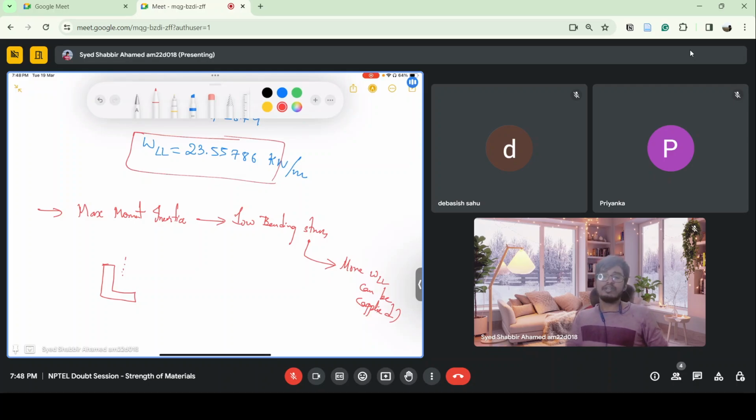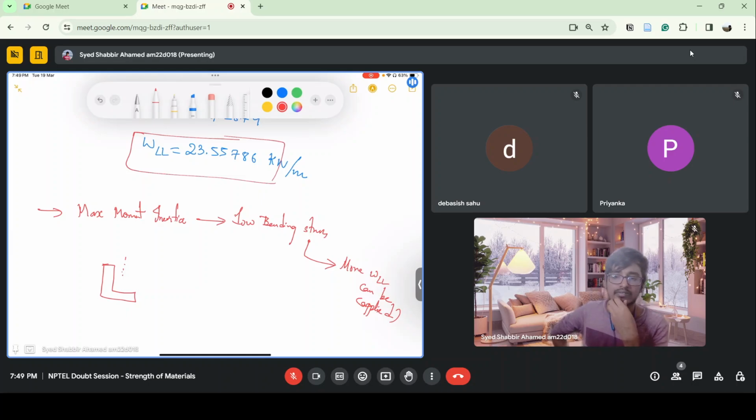So if these kinds of sections are coming, whatever we have discussed is not applicable, because in addition to the bending there is also twisting which occurs.